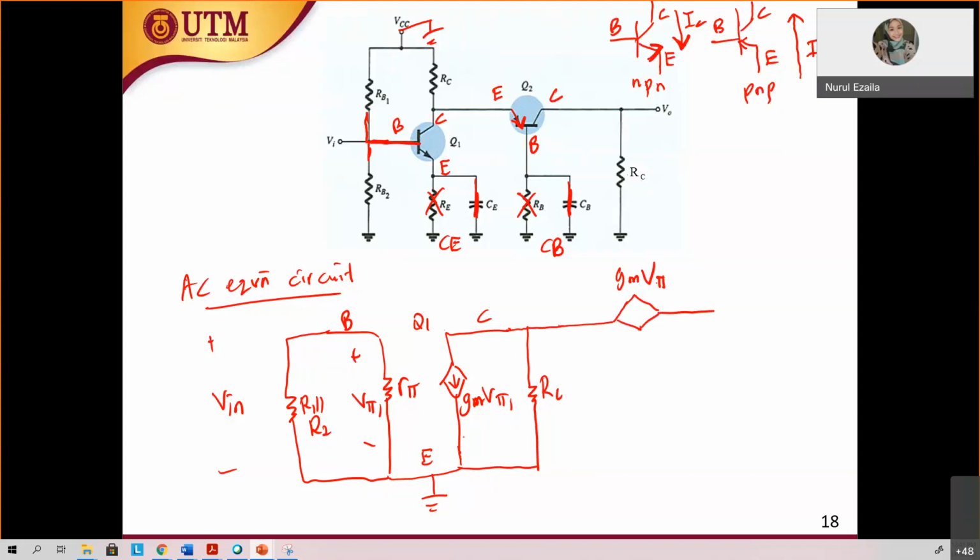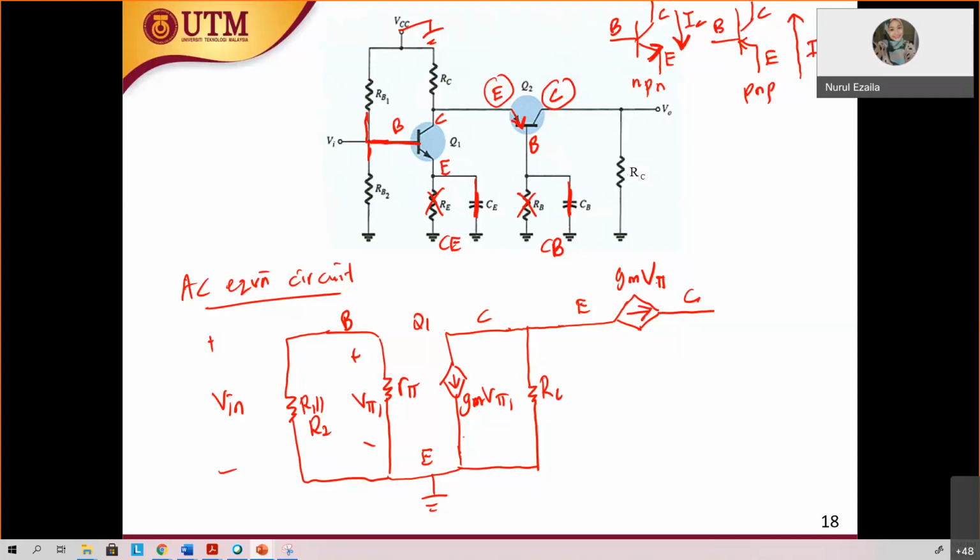My question: the input is the emitter and the output is the collector. So is the current going to the left or to the right? To the right. Yes, this is PNP, to the right, from emitter to collector.